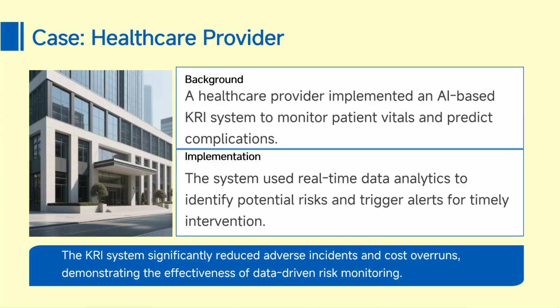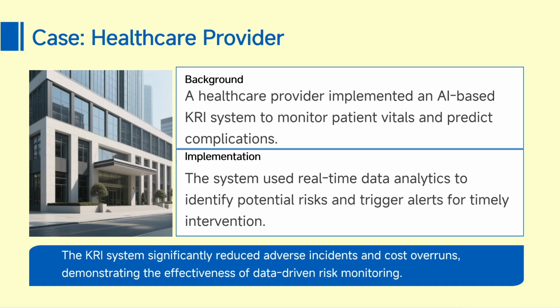As a case study with respect to a healthcare provider, assume a healthcare provider implemented an AI-based KRI system to monitor patient vitals and predict complications. Here the complication has to be predicted in real time, so we can trigger timely intervention for the corresponding patient.